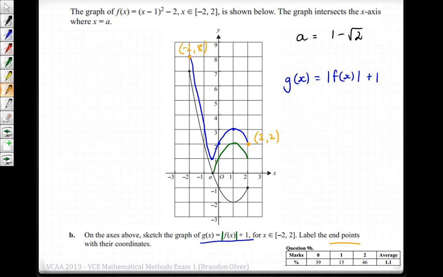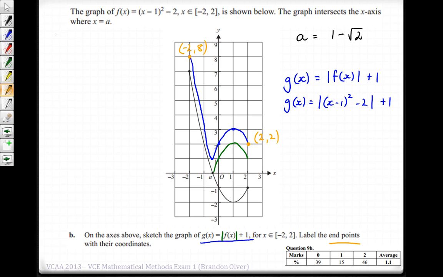Probably the easiest way that I've done is everything's just been moved up from the green graph, and we knew the locations of all their points. Another way, if you wanted to be really super careful about it, we could say that g of x is equal to the absolute value of (x minus 1) squared minus 2, plus 1.